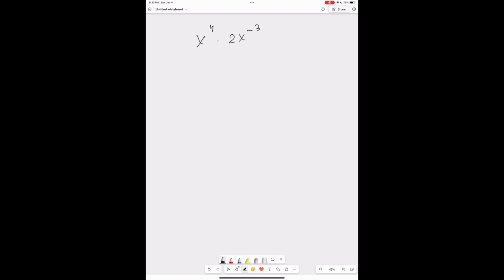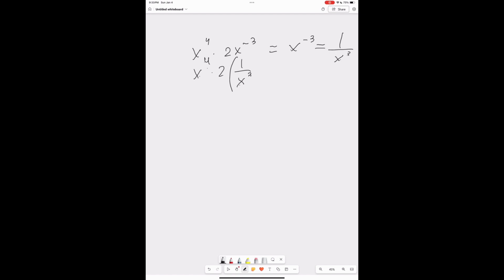Let's think about it. Well, first what I want to do is use the negative exponent rule, which states that x to the negative 3 is equal to 1 over x to the 3. So I'm going to do x to the 4 times 2, and I'm going to leave this in the parentheses, 1 over x cubed.